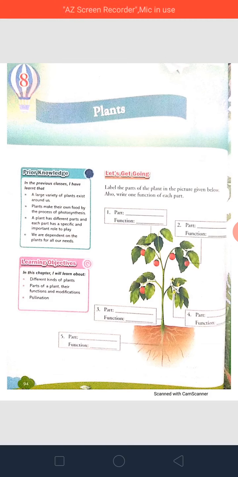It is root, the underground part of the plant that is non-green in color. What is the function of root? Root absorbs water from the soil and passes it to all other parts of the plant. And another function, roots hold the plant straight, fix the plant into the soil.